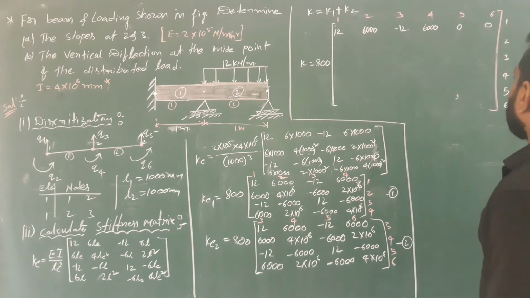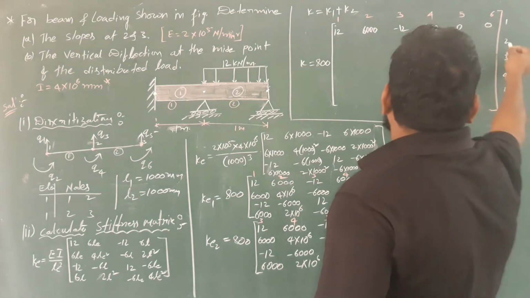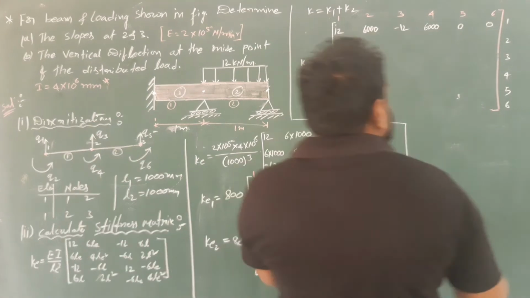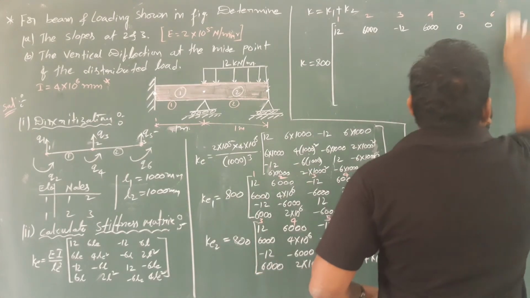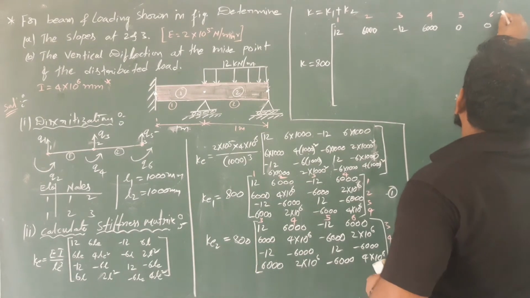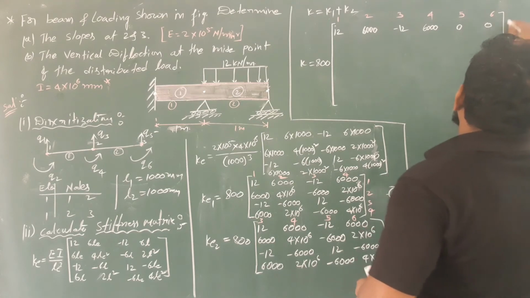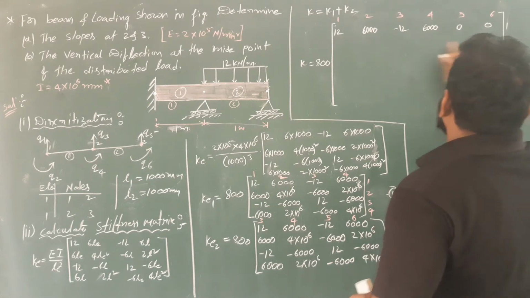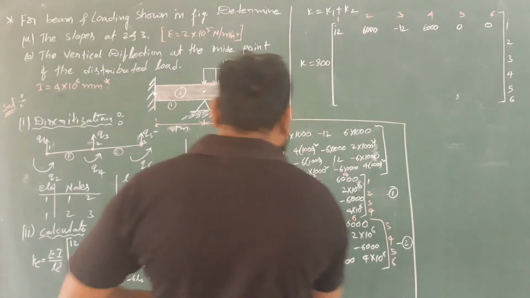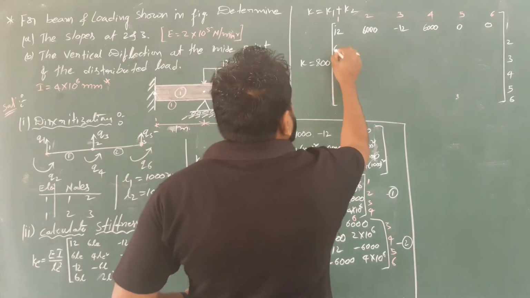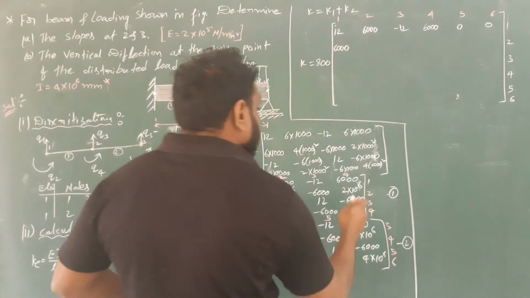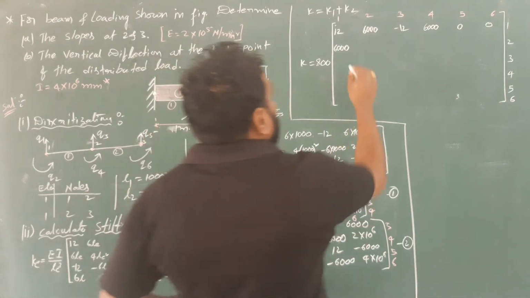Okay, next, second row, first column. Second row, first column is 6,000 here. Next, second row, second column, 4 into 10 to the power of 6.